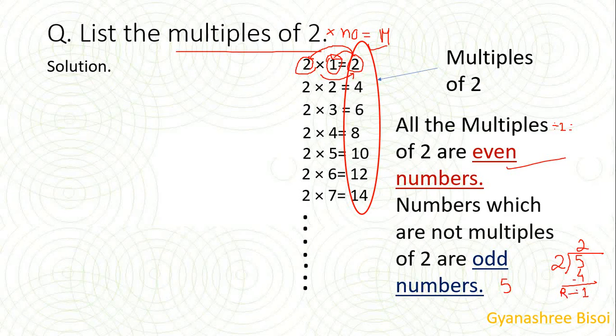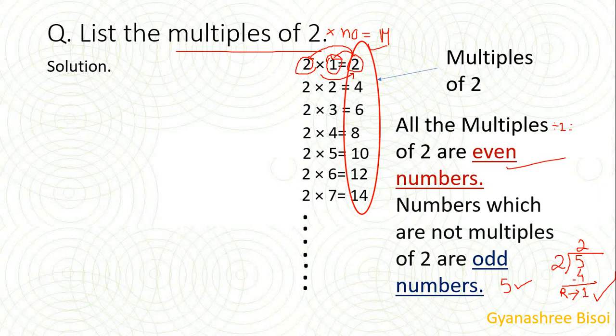So 2 does not divide 5 exactly. There is a remainder, so 5 is not divisible by 2. So 5 is an odd number. In the same way, you can find whether a number is odd or even.